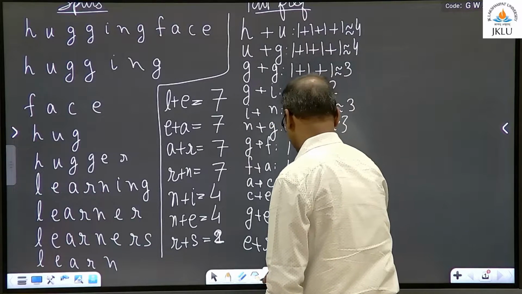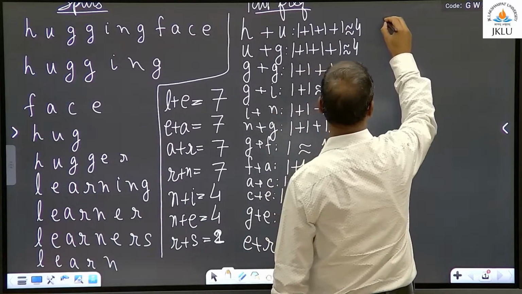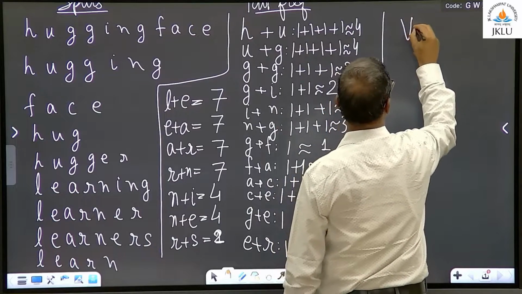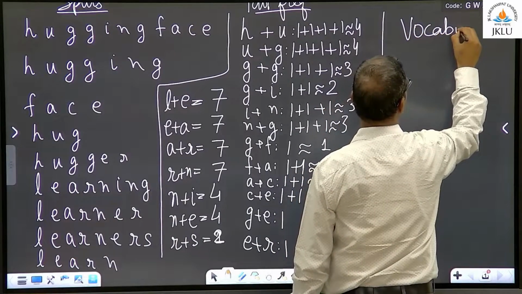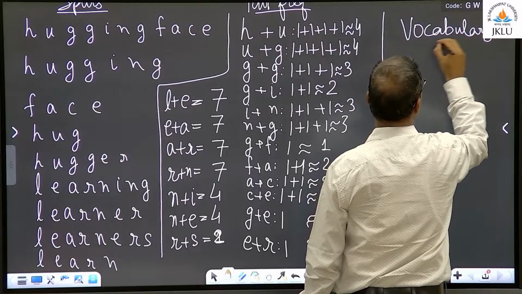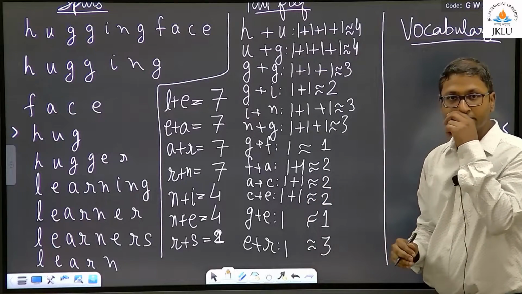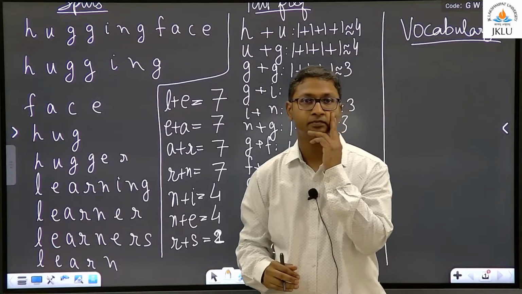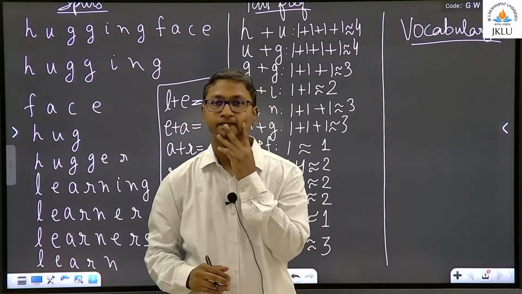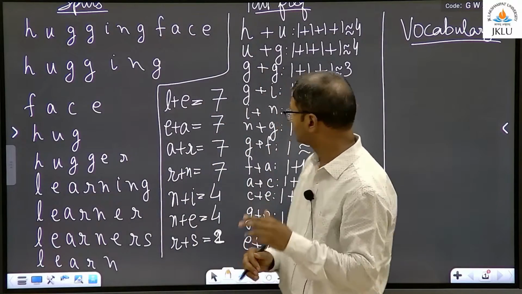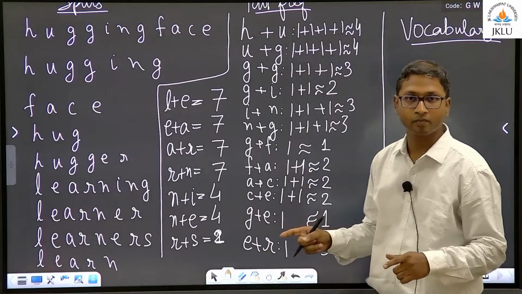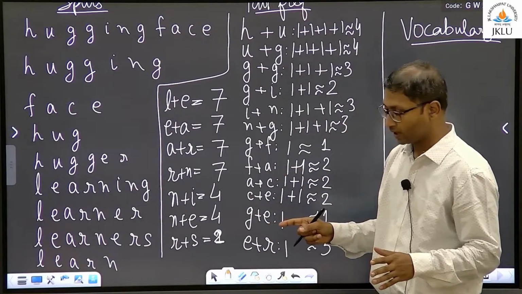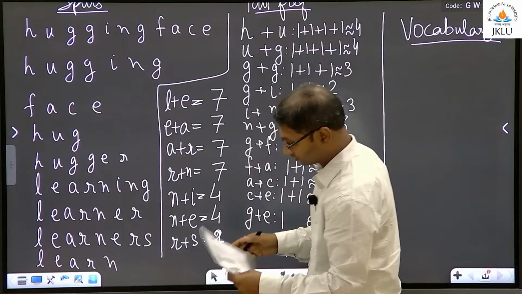So I'll steal maybe this space for vocabulary. Let's see if this works. What is my initial vocabulary? How many distinct letters do you have?